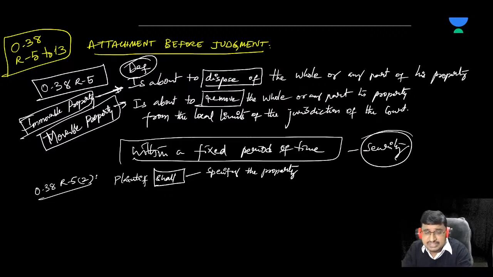Therefore, he has to give the full specifications regarding the mobile property or immobile property, which may be attached before the judgment in a particular suit proceedings. And the plaintiff shall, this is also a shall rule, friends, the plaintiff shall specify the estimated value of such property.